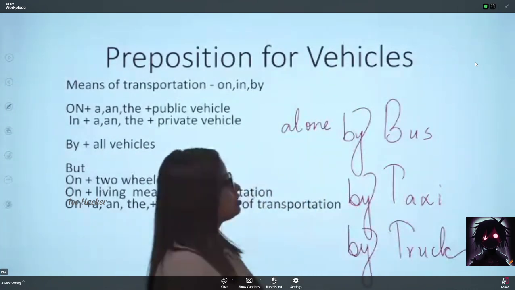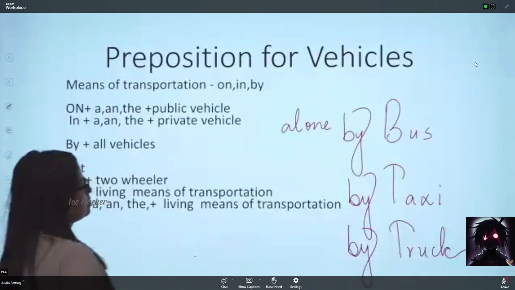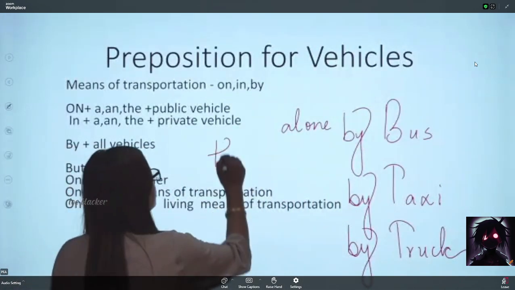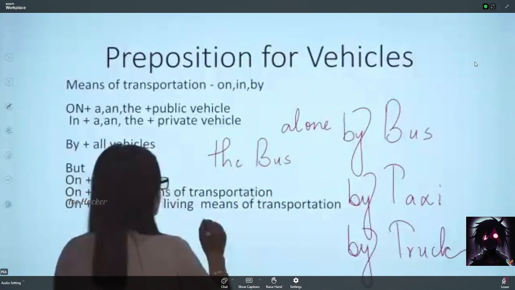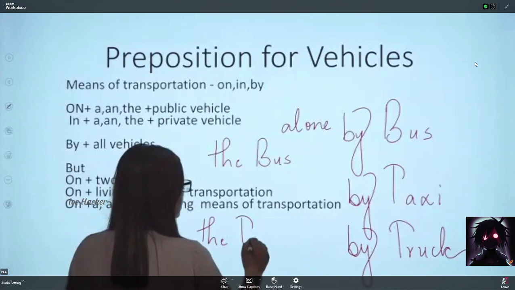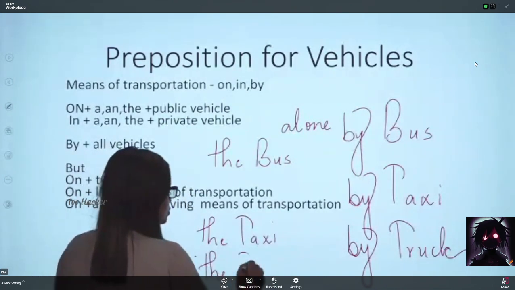By bus, by taxi, by truck. But the bus, the taxi, the truck.